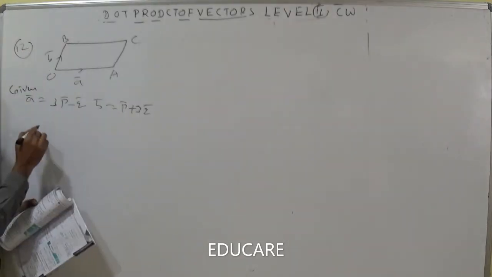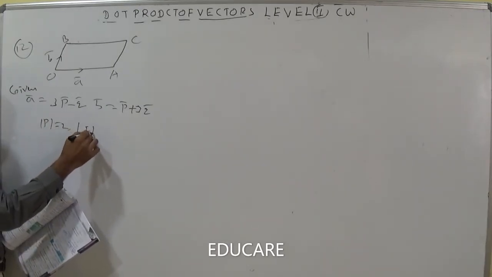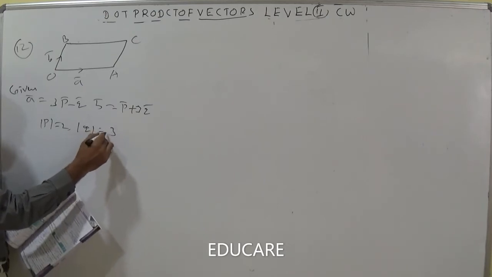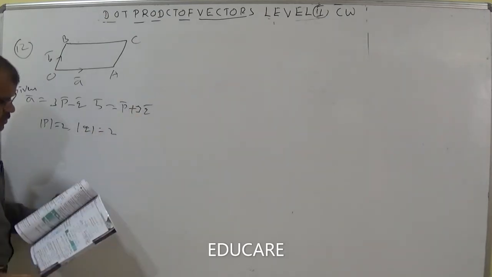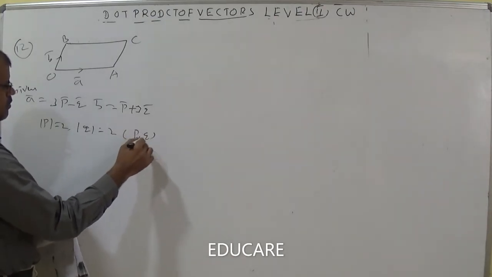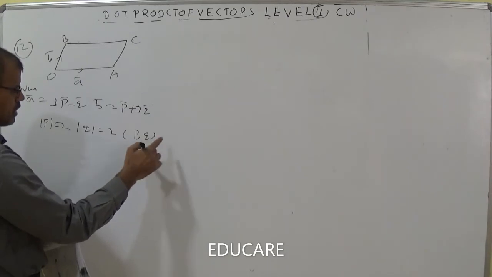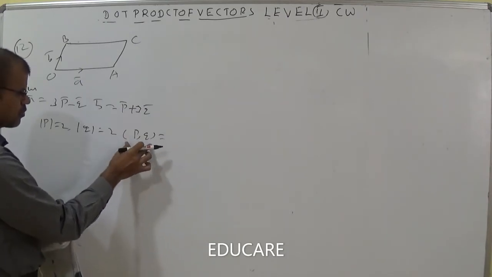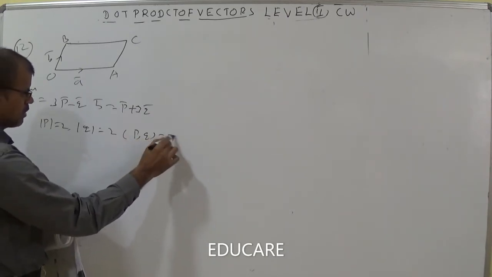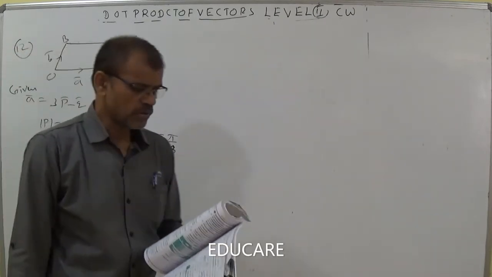And mod P equal to 2, and mod Q is also equal to 2. Both are same. And theta, whenever I write brackets with the letters P and Q, P comma Q within the brackets, it indicates the angle. The angle between P and Q is pi by 3, given.